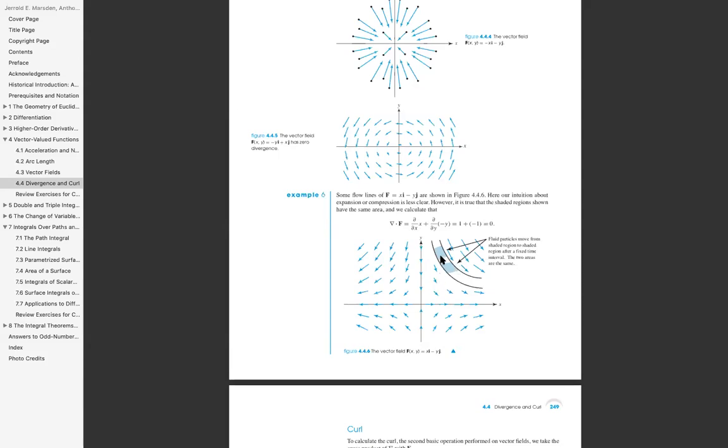Flow line is such that the velocity vector along this path is represented by the vector field.